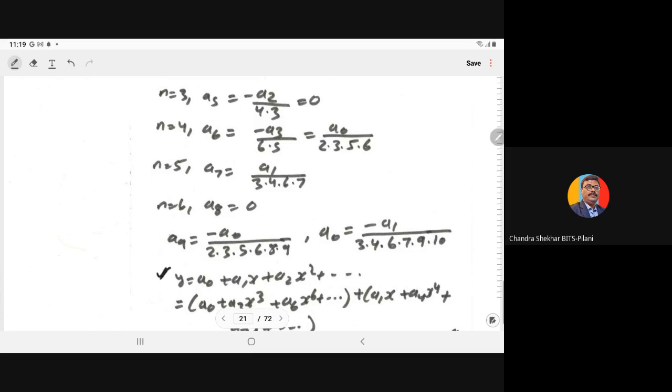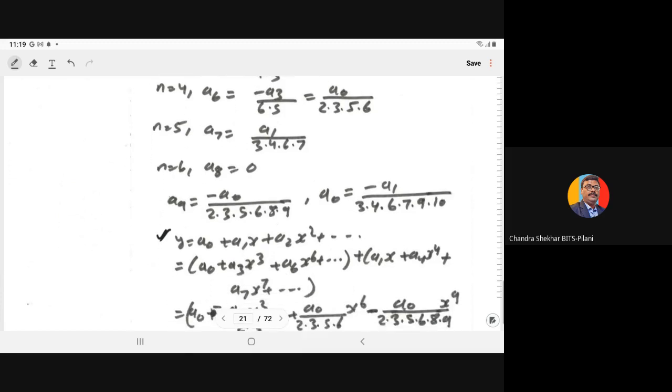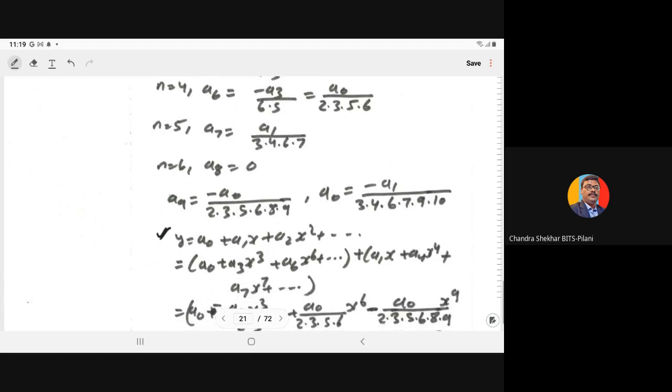After having these values, we know that y is summation an x to power n, or a naught plus a1x plus a2x square plus a3x cube. So just put in the values of the ais.